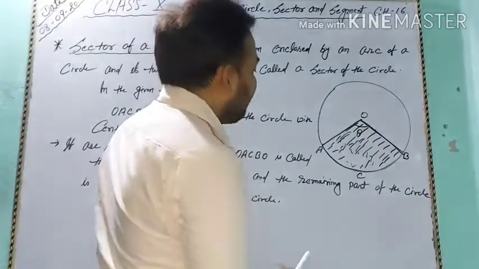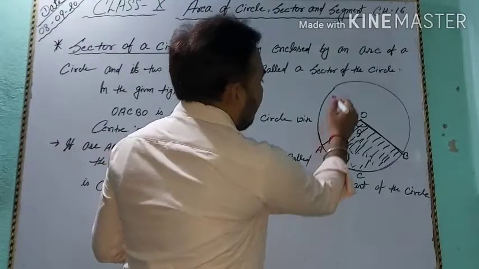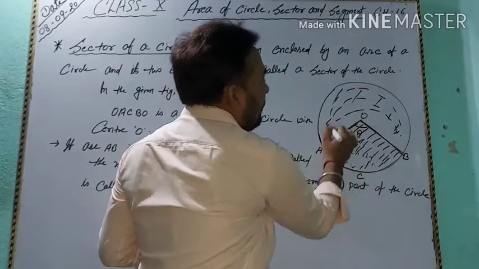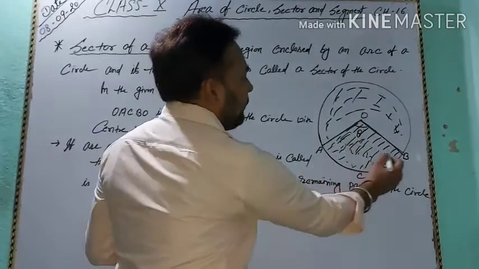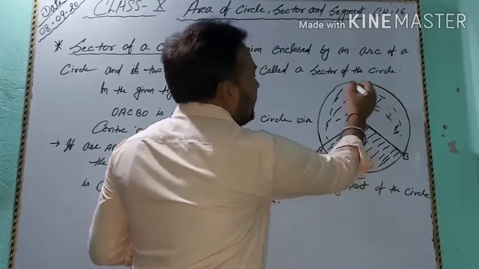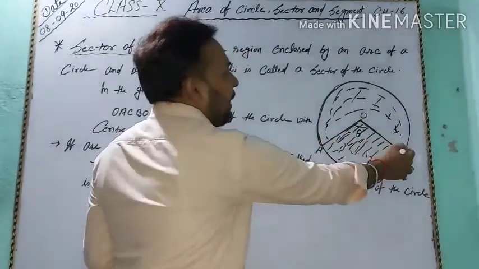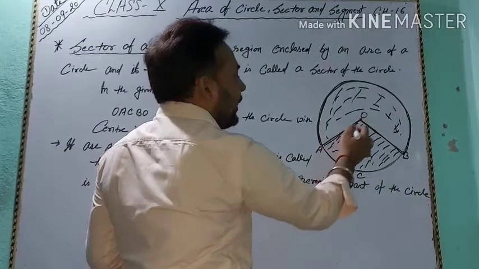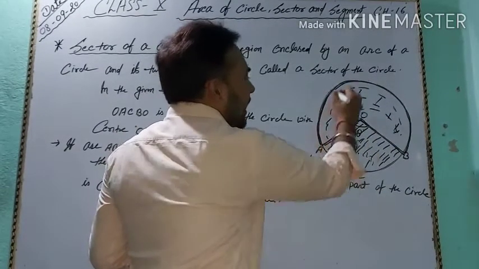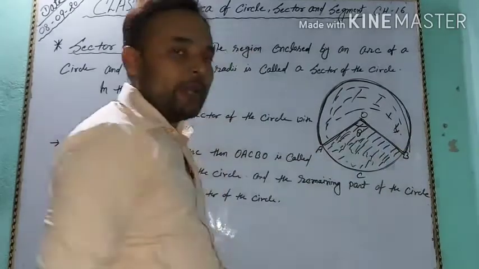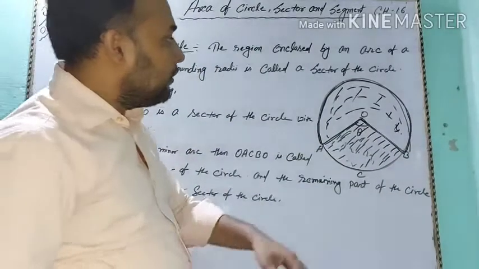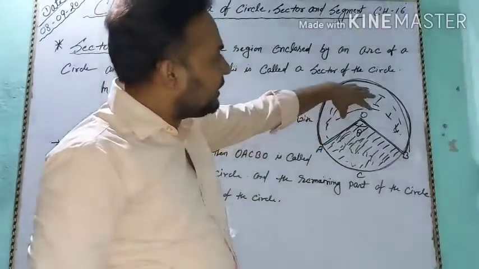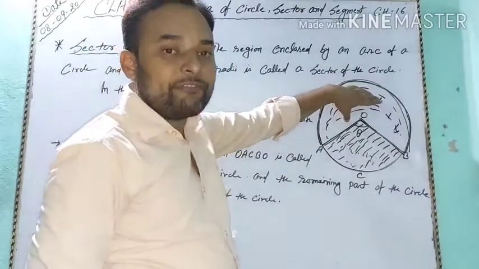And this is also a sector of a circle, because this area is also bounded by an arc BA and the two radii OA and OB, where this arc BA is the major arc, then we say that this sector is called the major sector.